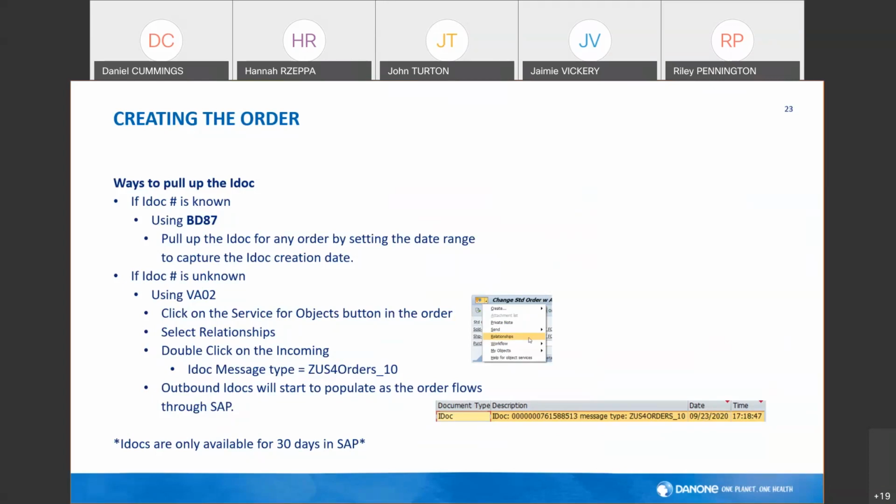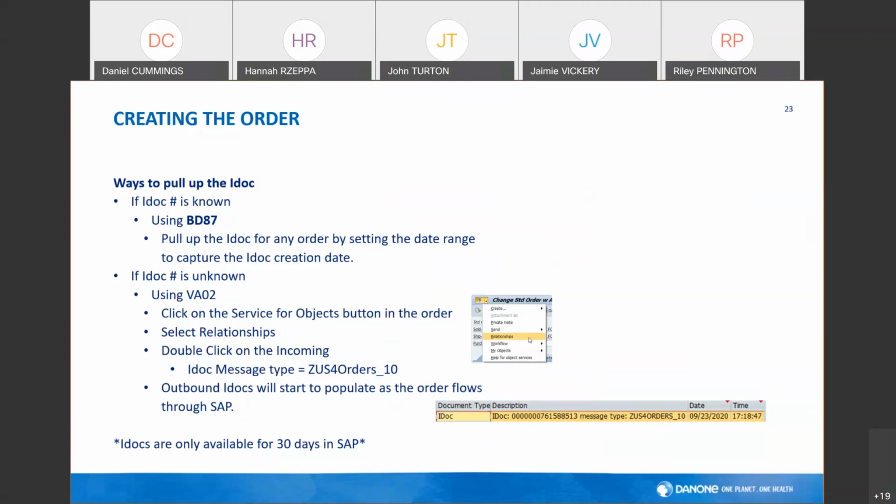And then you want to make sure that you're looking at the ZUS4 orders _10. That's going to be the sales order IDOC. You'll see as you have your outbounds, you have ZUS4 delivery 11, 12, and I think 14.